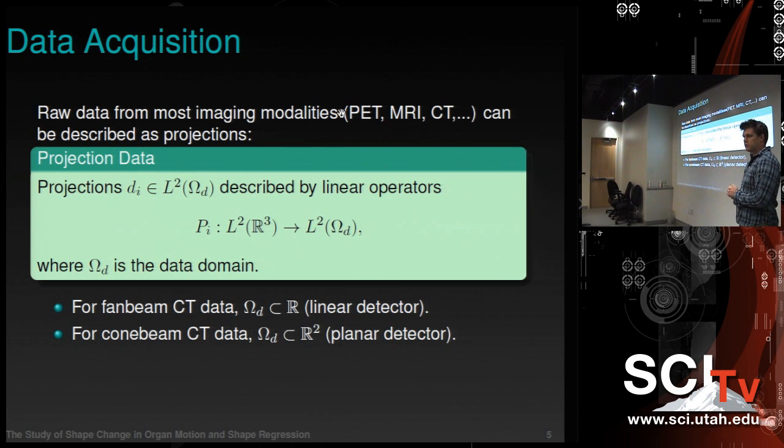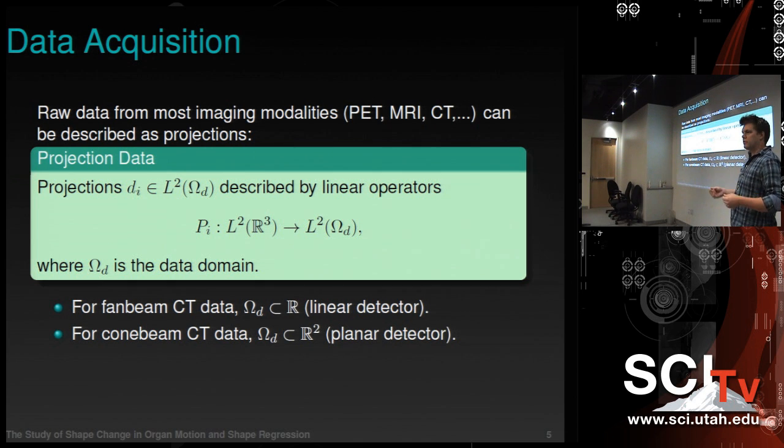So the first step towards our model is to model the actual data acquisition and the scanner geometry. Most imaging modalities, including CT, MRI, and PET, can be described as the patient goes into the scan and you collect a series of parcels of data, and I'll call these D_i. And these could be individual 2D projections if you're getting a cone beam scan at different angles around the body.